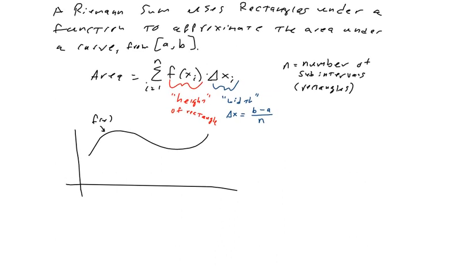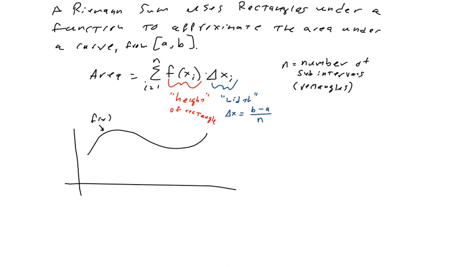So let's say you have an equation. Here's our function f of x, some curvy function. We have an interval from a to b, and I want to find the area under the curve from this a to b, from this point to this point in the function.